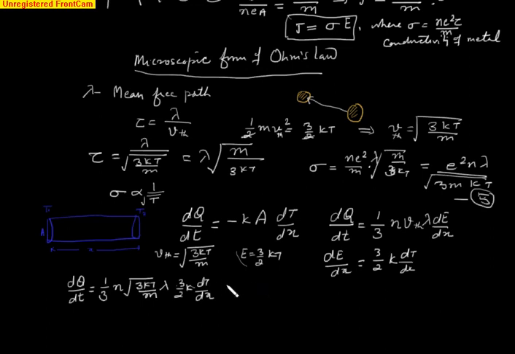So on solving this equation, we can find the dependence on temperature. This temperature is here, which is under a square root.